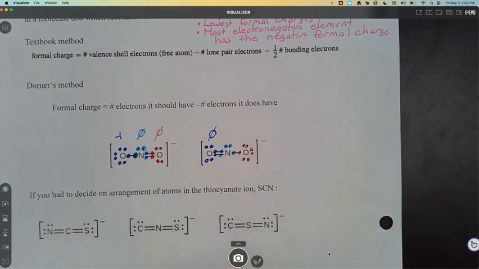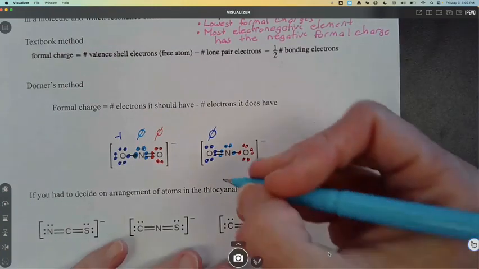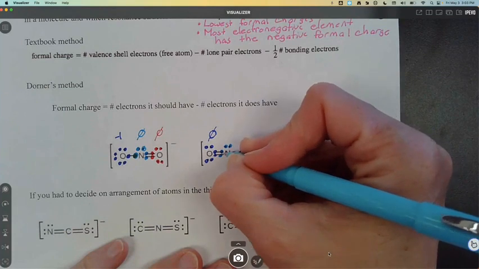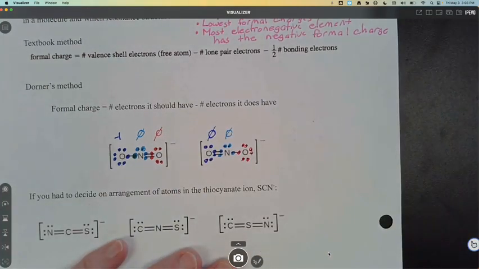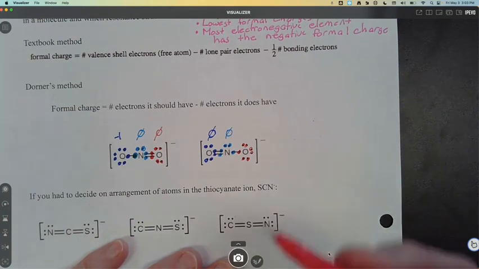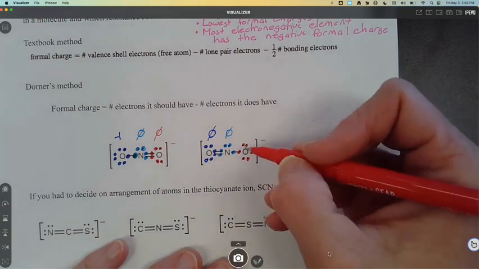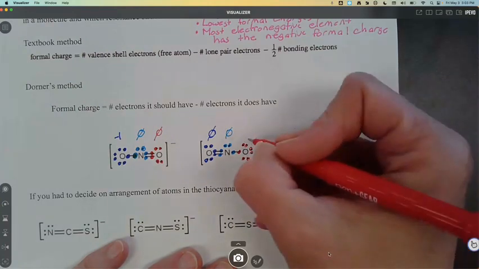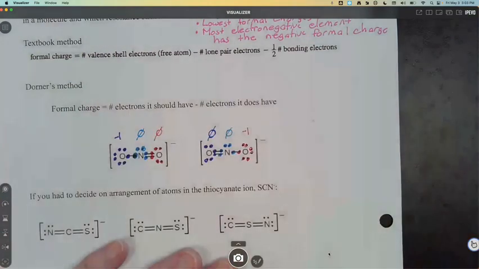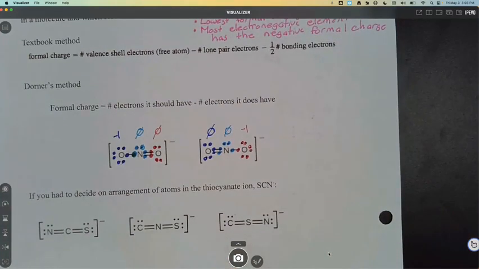Nitrogen, 5th column, should have 5. 1, 2, 3, 4, 5. Does have 5. Formal charge of 0. Oxygen should have 6. 1, 2, 3, 4, 5, 6, 7. This oxygen has 1 more than it should. So that one carries a formal charge of -1.